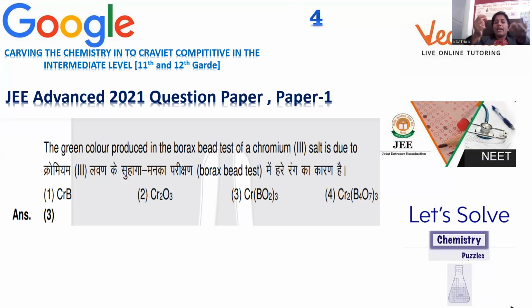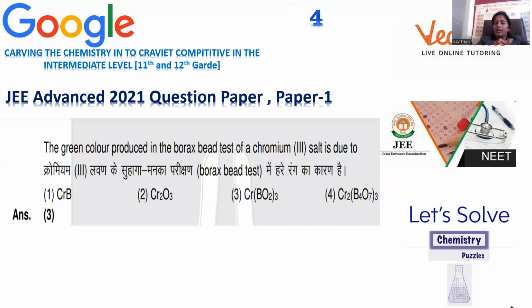Qualitative analysis means any compound is taken roughly without measuring the content, the amount, or how much volume it will be. You just take the compound roughly and add drops of reagent, so that by a change of color, or by getting a precipitate, or by effervescence of gas, or any kind of transformation, either visible or chemical, you can identify what compound it is without measuring its volume or weight.